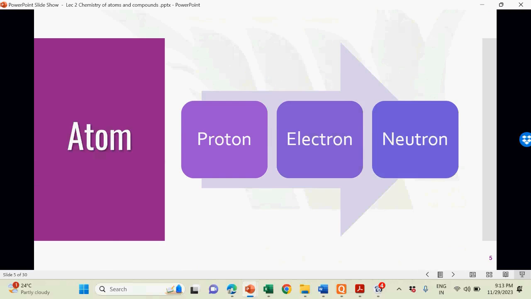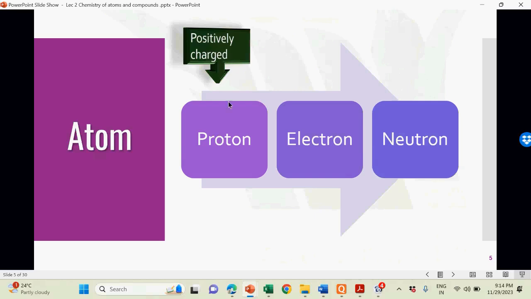So atoms, as we mentioned yesterday, are composed of 3 major components. These are the protons, if you can see the arrow, and on the left side, the electrons and the neutrons. The protons, as you know, are in the nucleus of the atom and are positively charged.